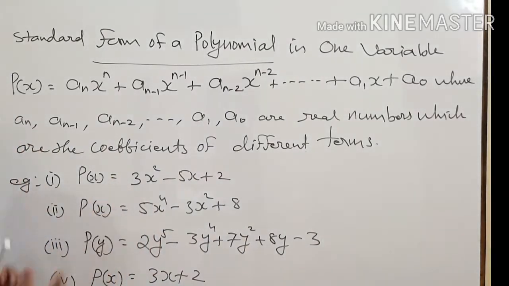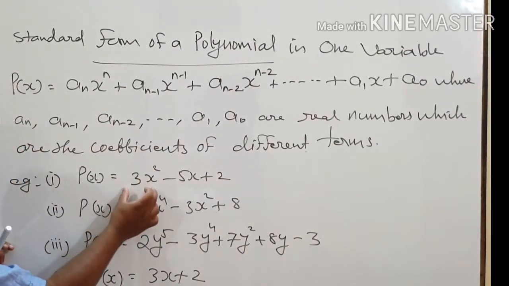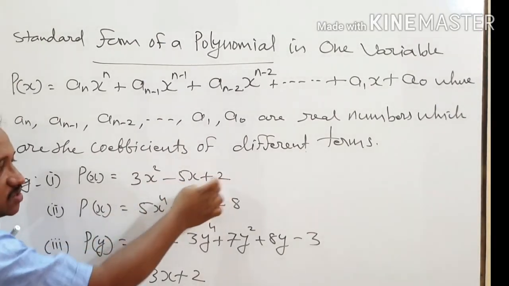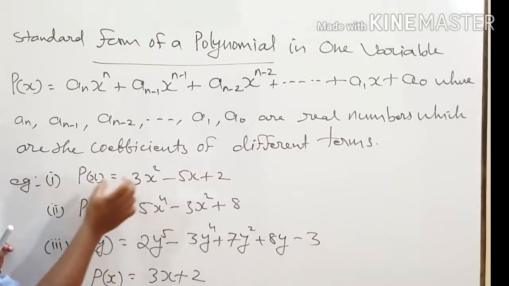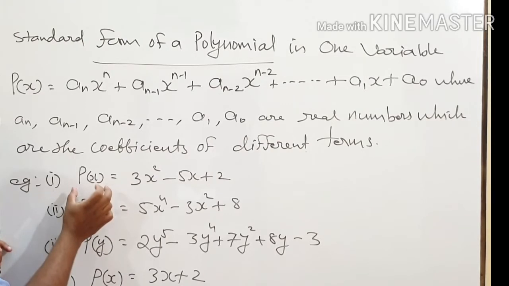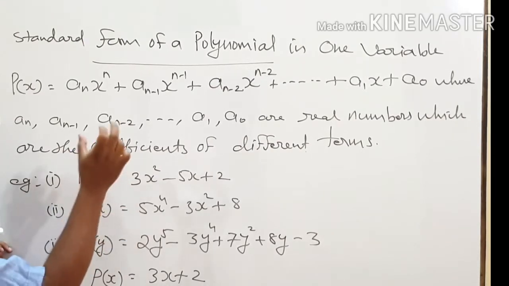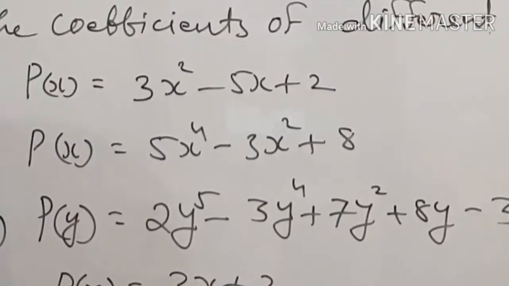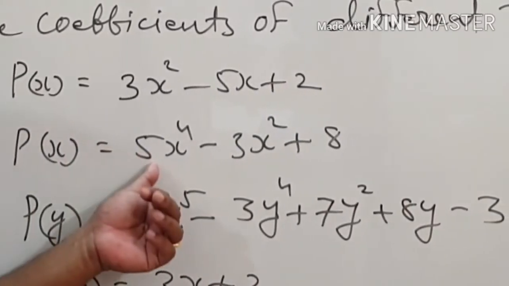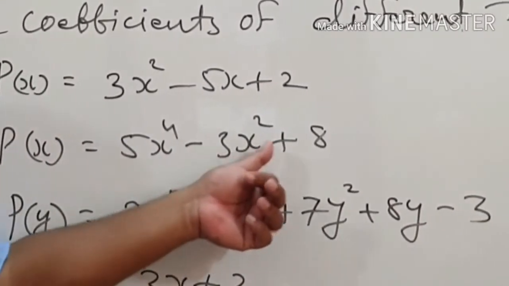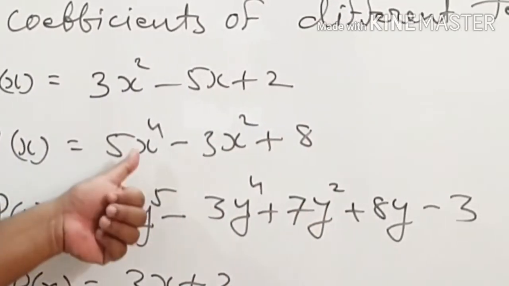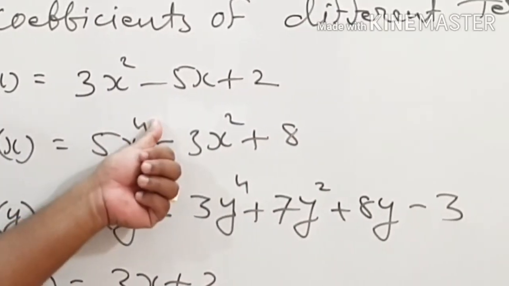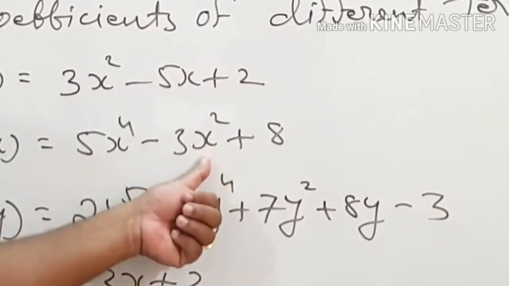Look at a few examples. The first example is p of x equal to 3x square minus 5x plus 2. Here the variable is x, so the polynomial is denoted as p of x, with highest power 2. Look at the second example, 5x raised to 4 minus 3x square plus 8. Here the highest power of the variable is 4, and the next term is 3x square.